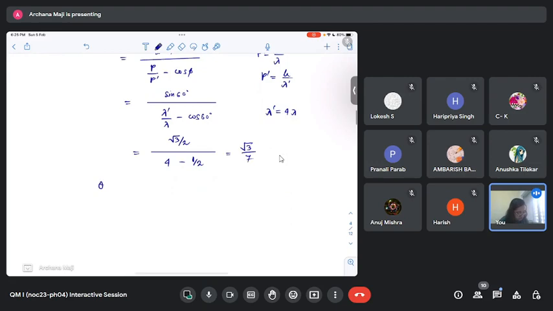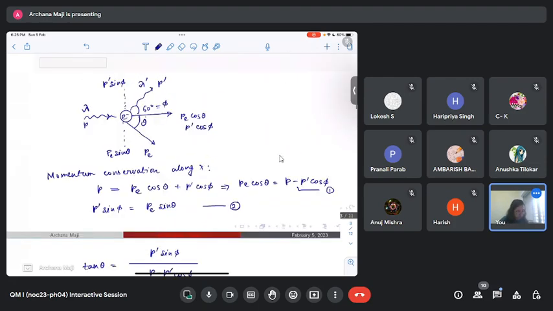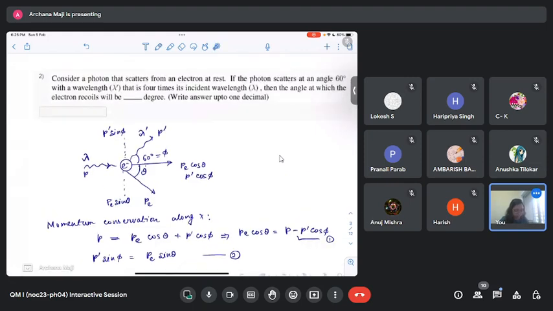So theta, the angle at which the electron recoils, is tan inverse of root 3 over 7, and it turns out to be 13.9 degrees. It's pretty straightforward. If you have any questions, you can ask.